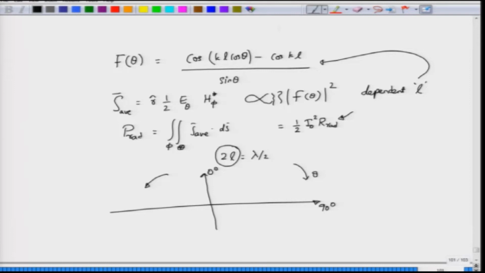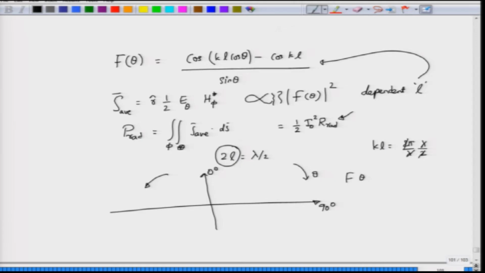Now, we are going to write it for the linear antenna as well, and for the case that we have taken, 2L is equal to λ/2, which means kL will be 2π/λ times λ/4. Lambda cancels and the 2s cancel, so you will have cos of π/2. Sorry, L is λ/4, so you will actually have π/2 here.